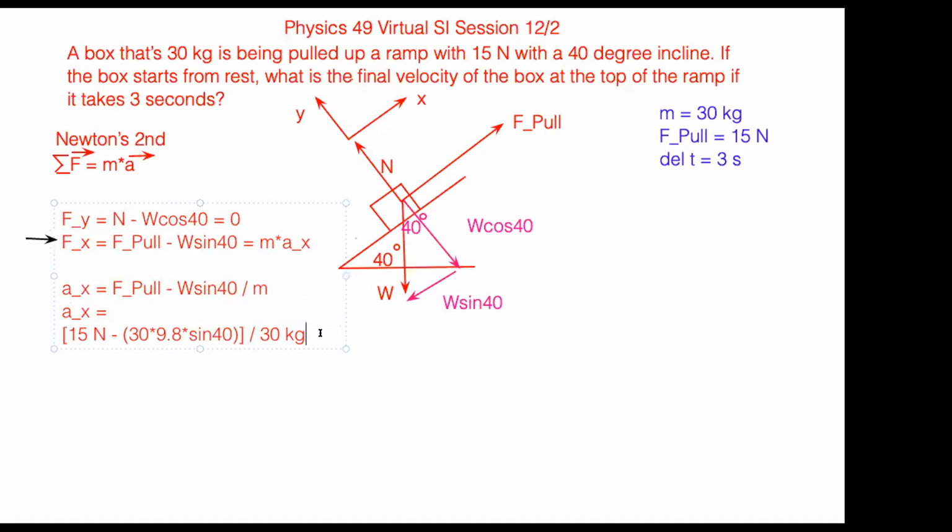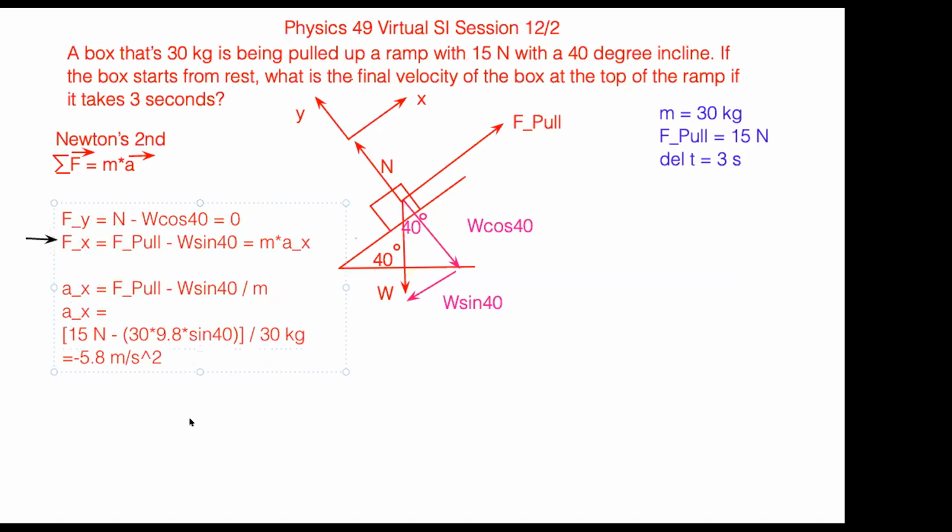All right, I'm doing the calculation right now. It'll be negative 5.8 meters per second squared.